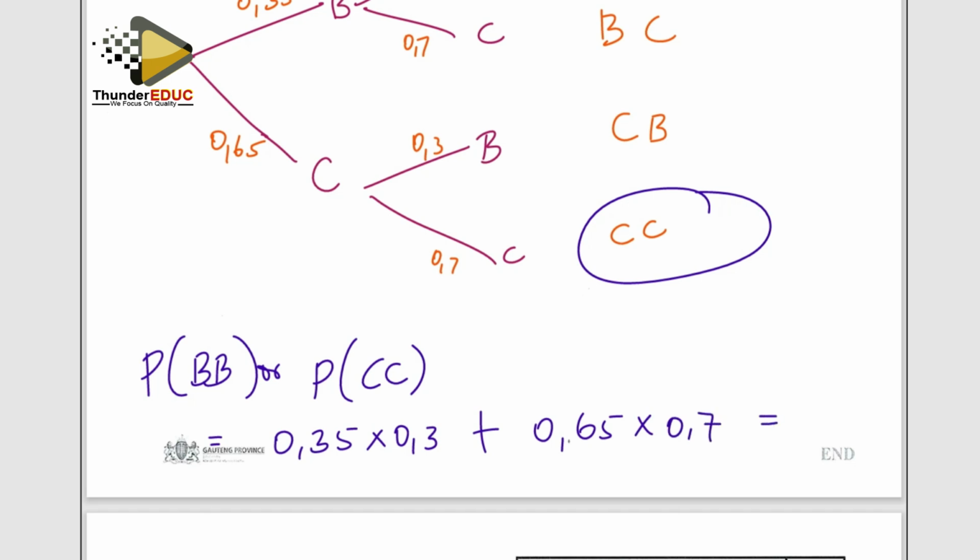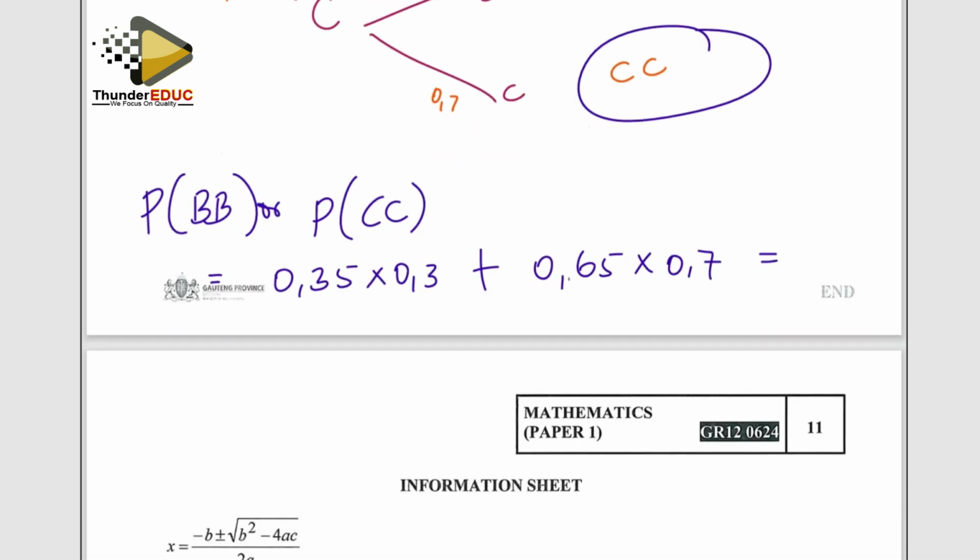So let's start by getting the probabilities. 0.35 times 0.3, plus 0.65 times 0.7. That gives me 0.56, okay, as the probability.